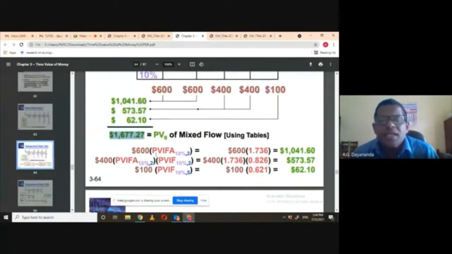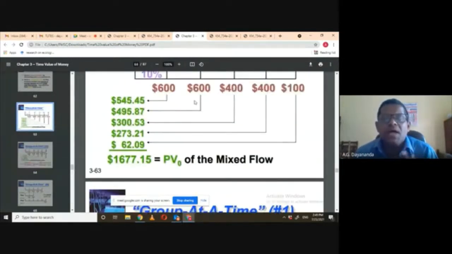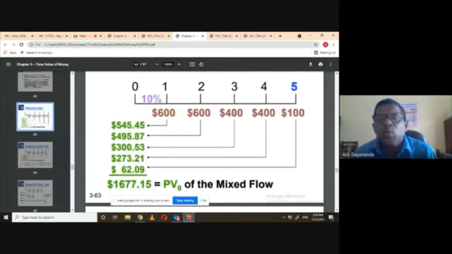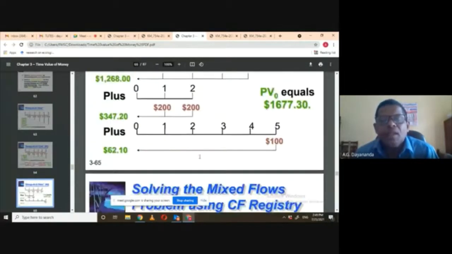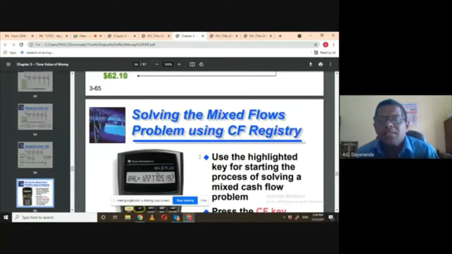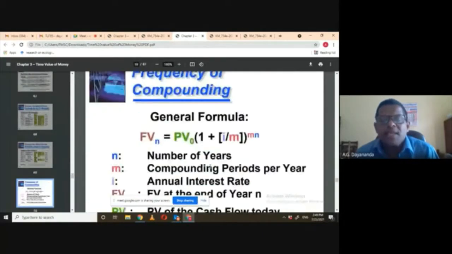You see, here you are taking the present value interest factor annuity, that means the 2-year factor, annuity 1.76. Here you are taking another 2-year factor, that is 5.7. Likewise, there are different ways of calculation. You can get the same answer, but I just want you to think about it this way. Anyway, that's how you got that answer. Okay. So that is about mixed type of cash flow.